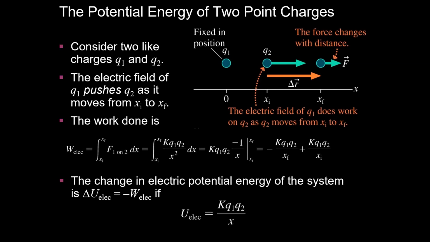And so you have the electric force between two charges, K Q1 Q2, or big Q, little q, over R squared. You integrate that to get K big Q little q over R, and then take the difference between the two points. So the formula for electric potential energy between two point charges is variable, a function of R.